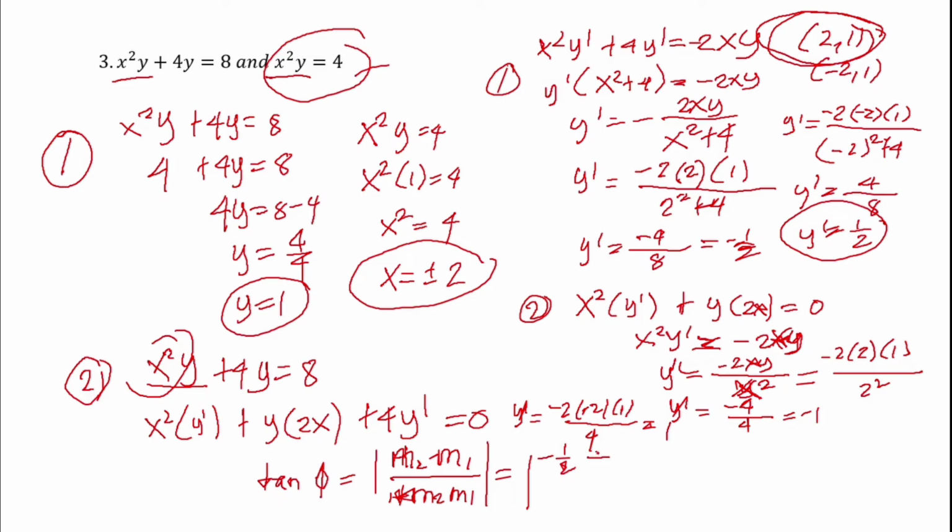So plus 1 over 1 plus negative 1 half times 1. If we substitute, the result is 1/3.